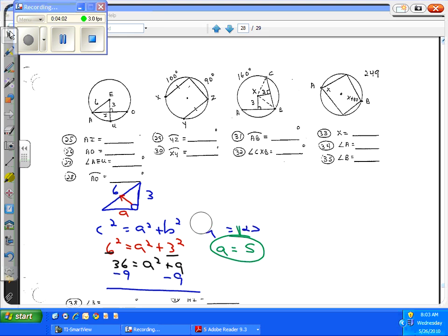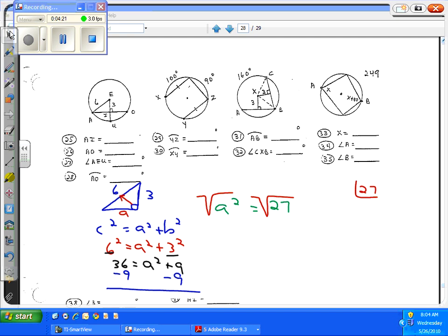I messed up. Sorry about that. 36 minus 9 is 27. How about that? So we get A squared is equal to 27. We're going to get rid of the square with the square root. The square root of 27, we have to break it down. Divided by 3 is 9.